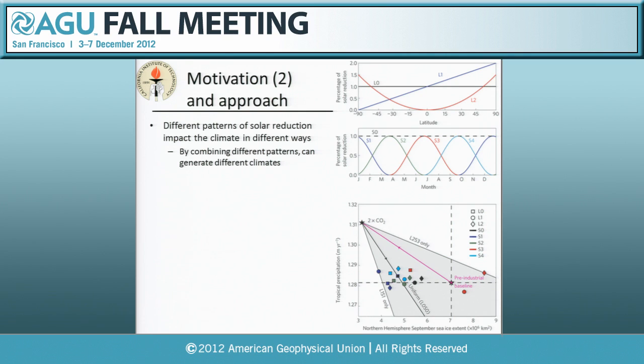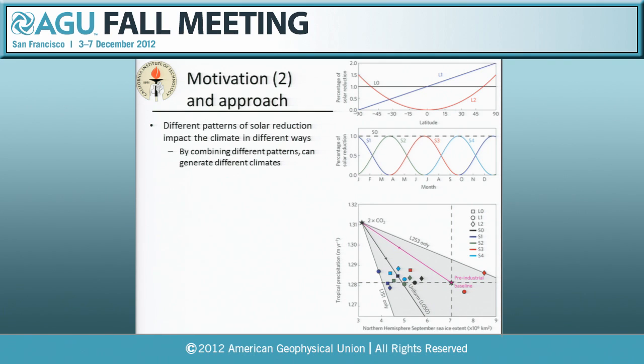So just a rough idea of what's going on here. This is with just 2 variables: Northern Hemisphere September sea ice and tropical precipitation. Pre-industrial, you start somewhere. Then as you add CO2 to the atmosphere, that shifts your climate to some other point.